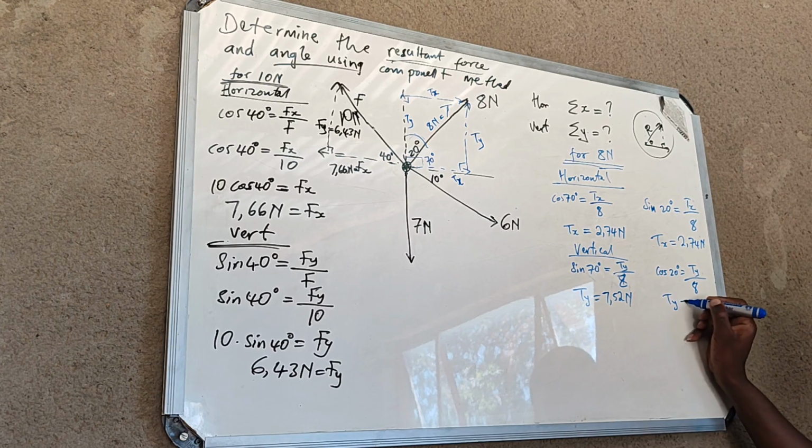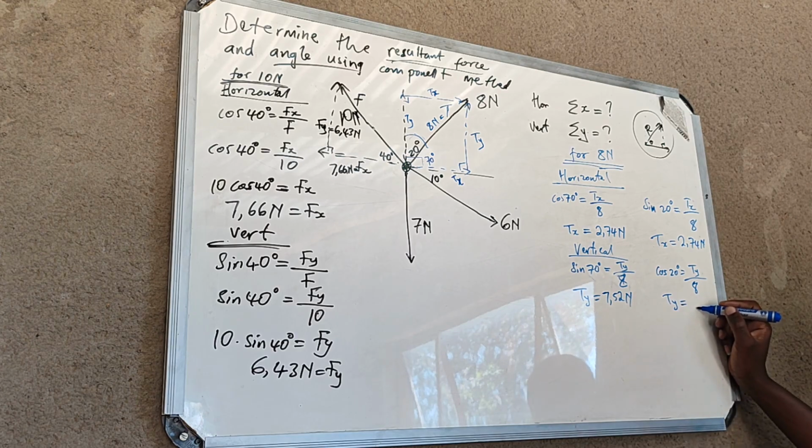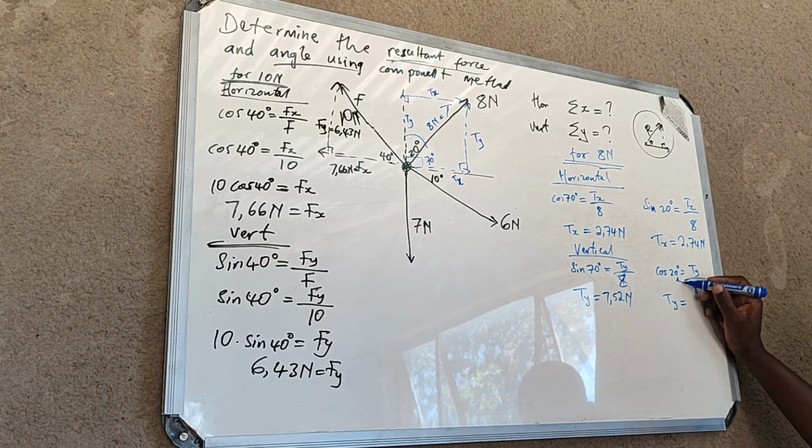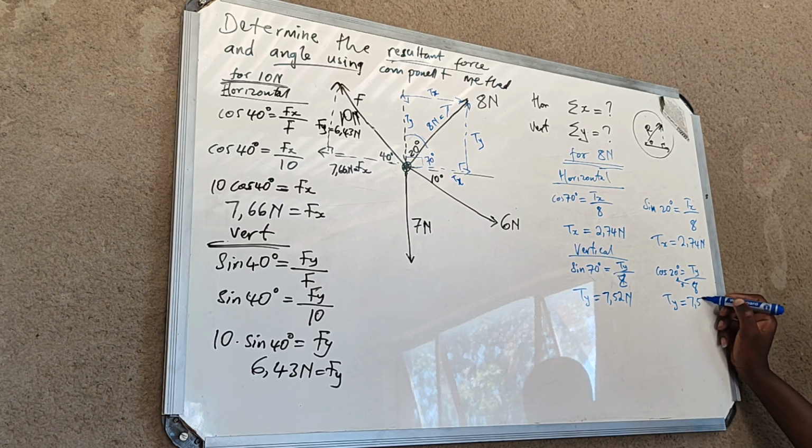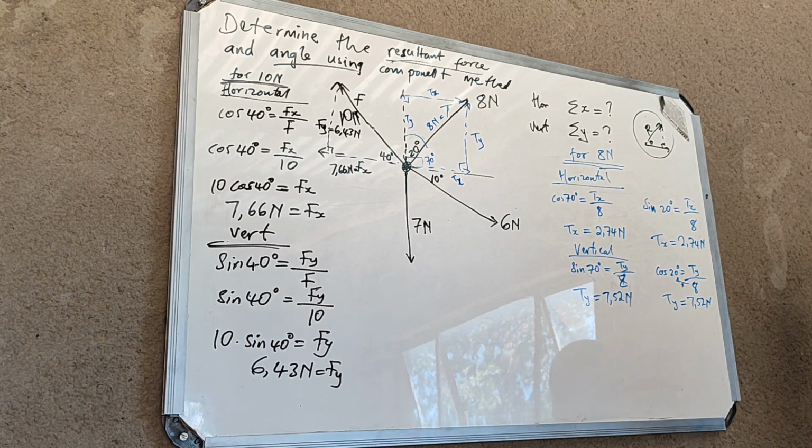So we'll get ty being 7,52 newtons. So this will simply multiply there and then you will get the answer.